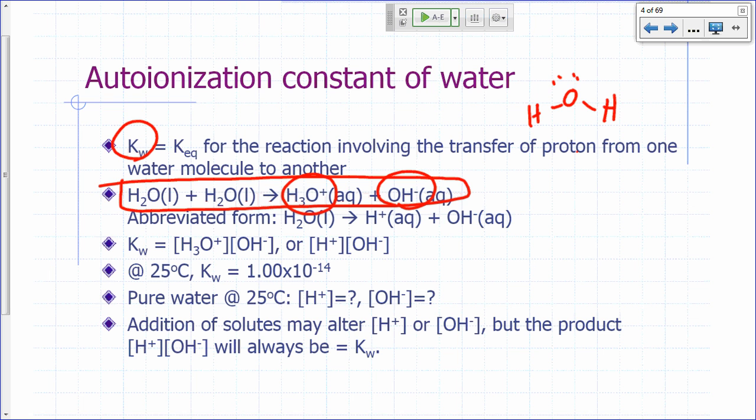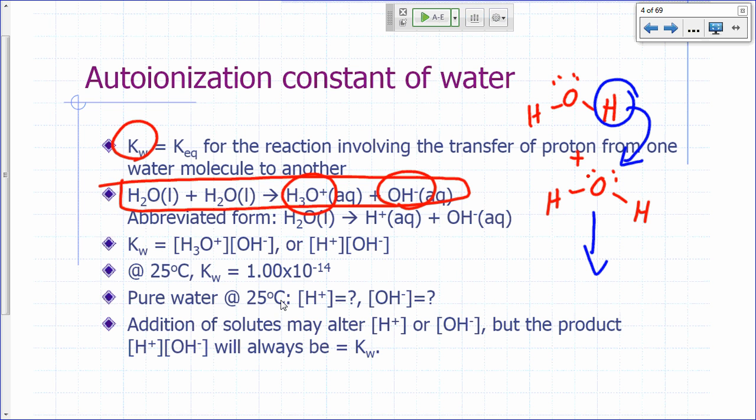And the way these are formed, let's say you have two water molecules, is a proton can hop from one molecule to another. In fact, protons do that a lot in water. They hop from one molecule or ion to another. So as long as they find a lone pair that they can latch onto, they can hop to it.